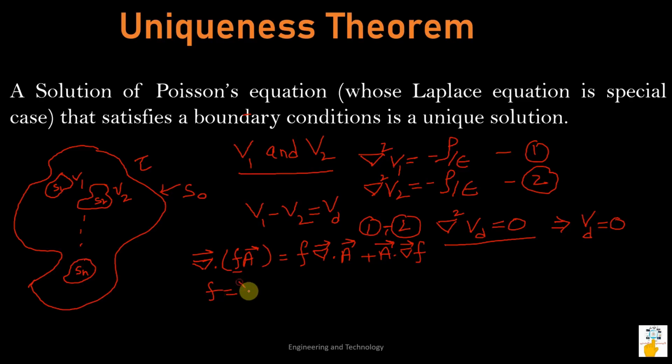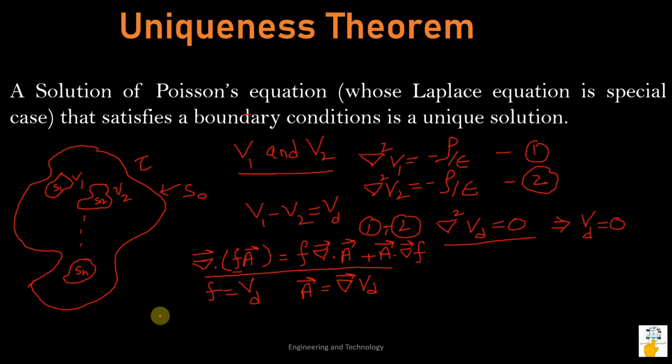So let us say f is equal to Vd, as Vd is a scalar, and A is equal to del Vd, the gradient of Vd. Now put these values into this identity and solve it.